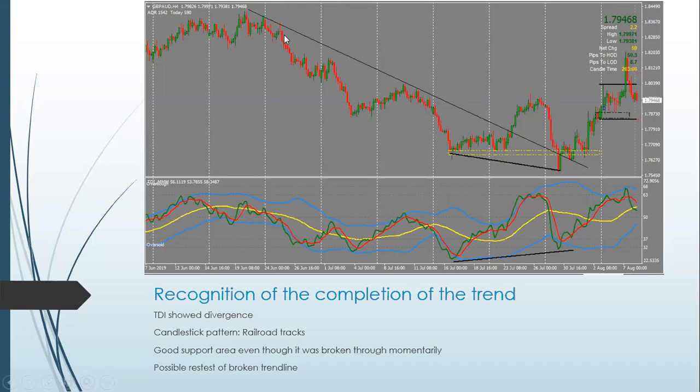So let's say I get in right here, right? Third bounce off the trend line. Or let's say I get in right here. Third bounce off the trend line, right? Boom. Price came down, started creating a nice little support zone, right? Came up, broke through the trend line.